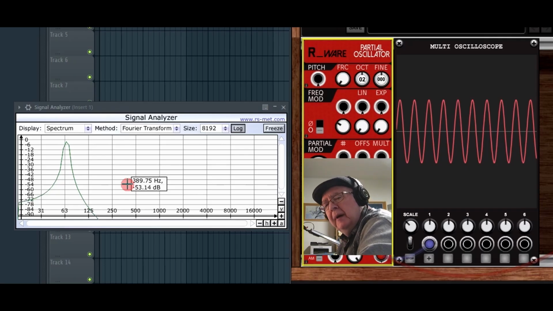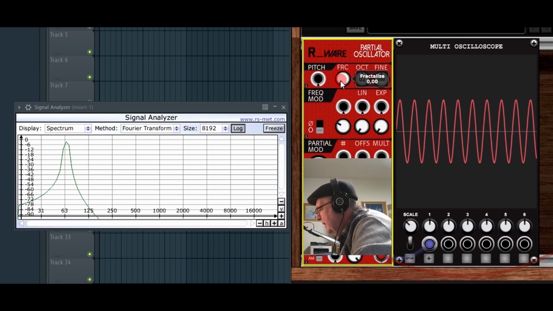The module's basic wave shape is a sine wave. Everything is based on a sine wave. But we can fractalize this wave, which changes the world completely. Using this fractalize knob here, I'm going to turn it up again, and you will see and hear, please look at the oscilloscope as well, how the sunshine is lit in our world.